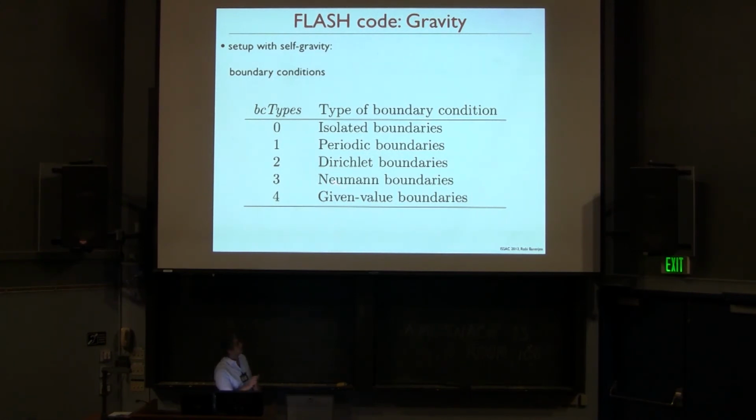I'm not actually sure, and we will go through this a little bit, whether this is implemented in any of the solvers, but it's stated here already, and supposedly it shouldn't be a big problem to do this. And of course, you can also give a user-defined boundary, meaning you can provide the gravitational potential there as you like.